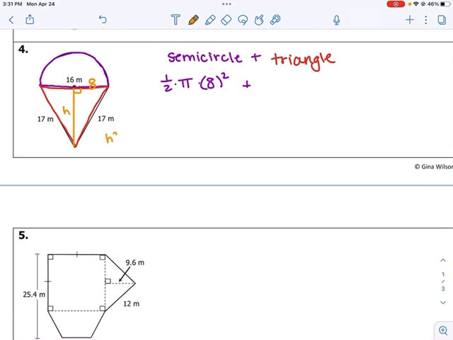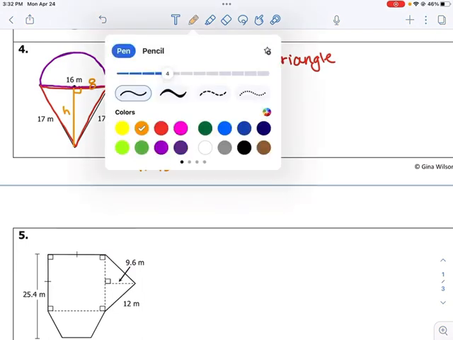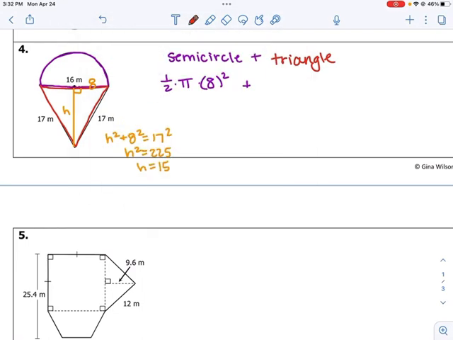Okay, so h squared plus 8 squared equals 17 squared. That would give us the fact that h is 15. Okay, so for our triangle, we would have 1/2 times the base is 16 times the height is 15.